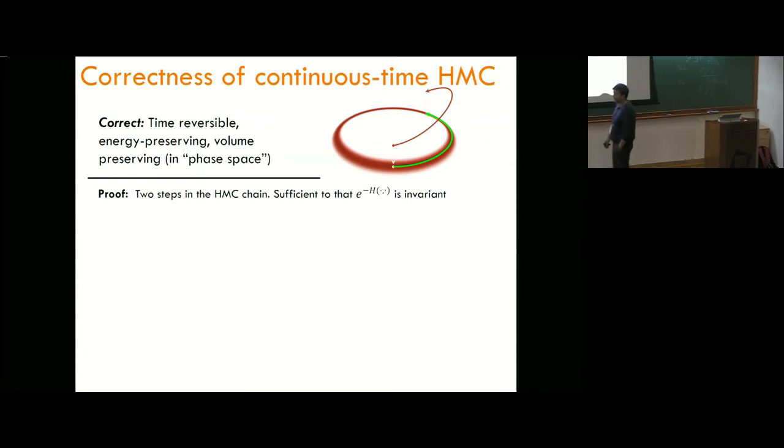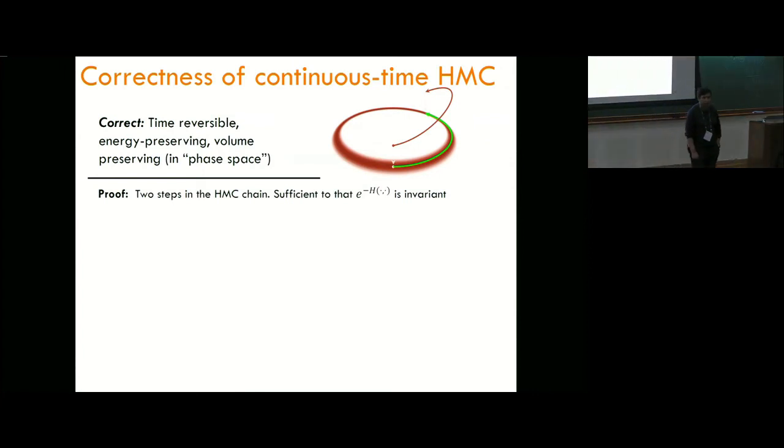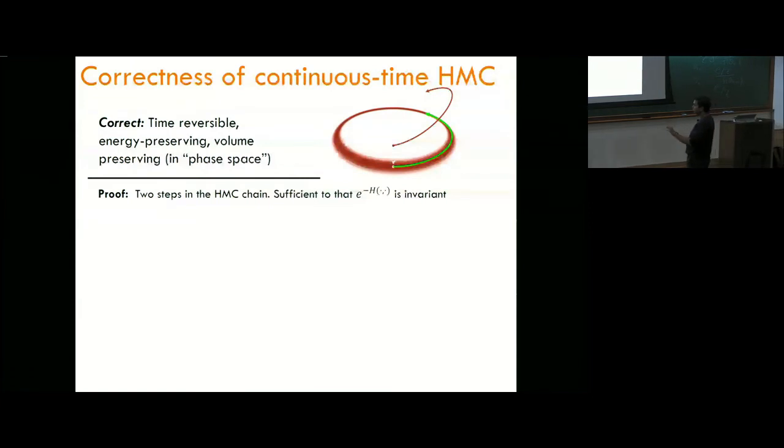There were two steps in the Hamiltonian Monte Carlo chain, if you recall. The first step was to pick a random velocity vector from the normal distribution. And the second step was deterministic. What we're going to show is that in each of these steps, the invariant measure e to the minus H, where H is the Hamiltonian, is preserved.